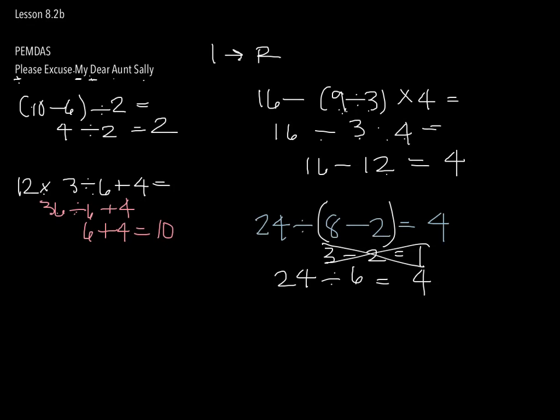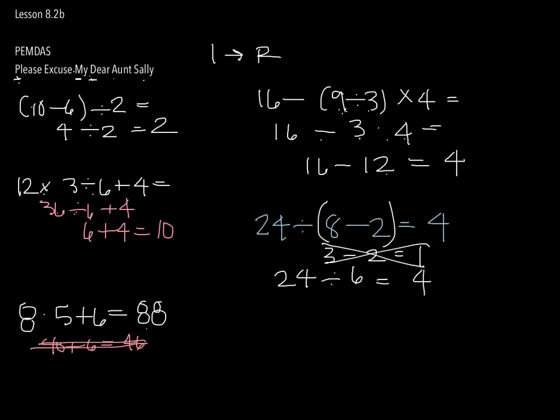Alright, so with this next one, we have 8 times 5 plus 6 is equal to 88. Now if I do it this way, and we'll just do it in a different color, I'm going to do 8 times 5, which is 40, plus 6 will give me 46. Well, 88 and 46 aren't right, so we know it can't be this way.